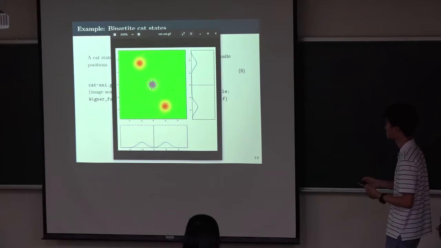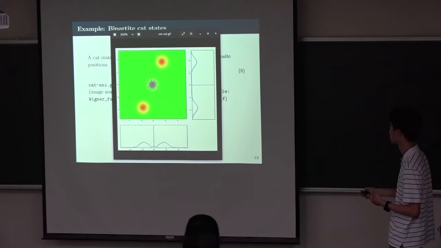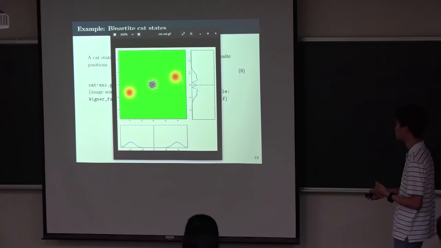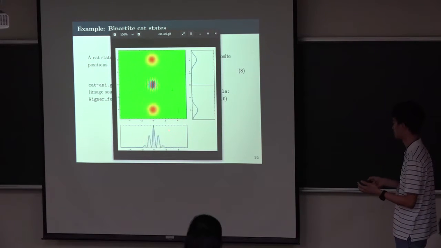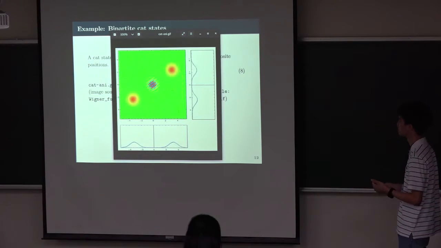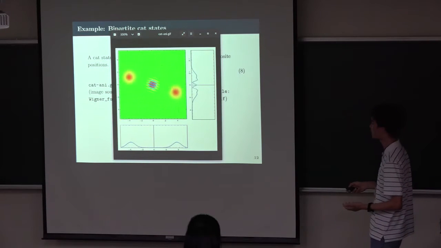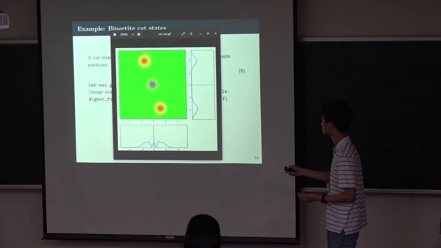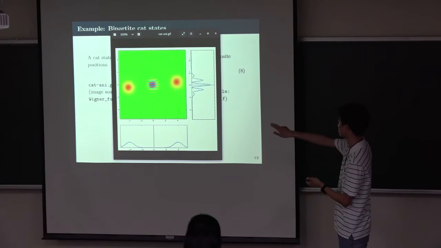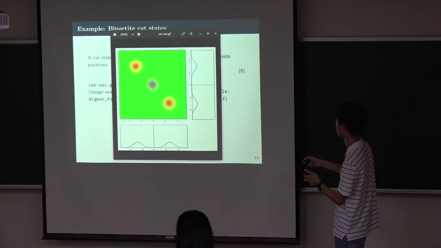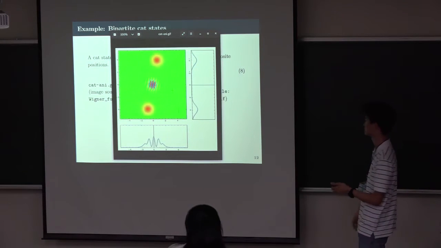It must be there because we can see that in the position and momentum distribution, when two wave packets overlap, there must be some interference between them. So this also explains why this interference pattern must be in this direction, parallel to the line connecting the two Gaussians.